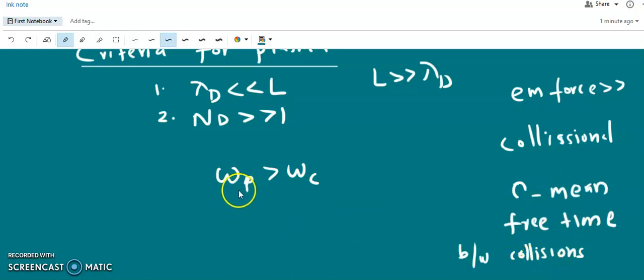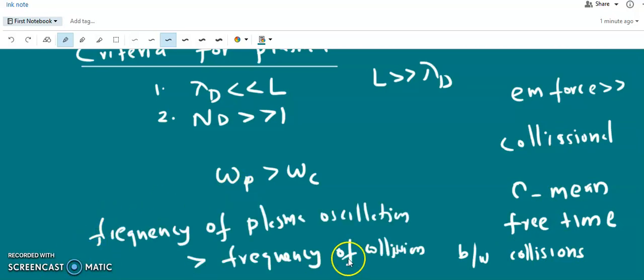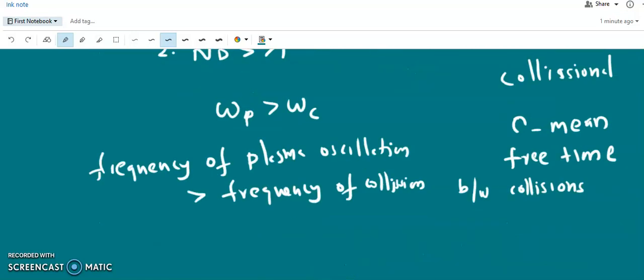Then the frequency of plasma oscillation should be greater than the frequency of collision. Now the frequency of collision: mean free time is the time interval between 2 successive collisions. So in this time tau, one collision takes place. So the corresponding frequency is 1 by tau.